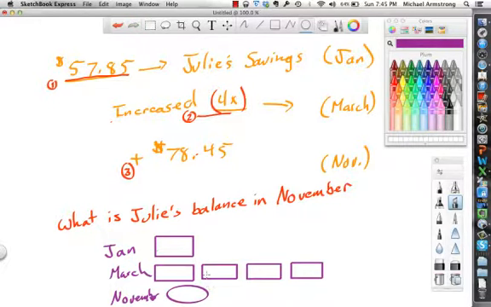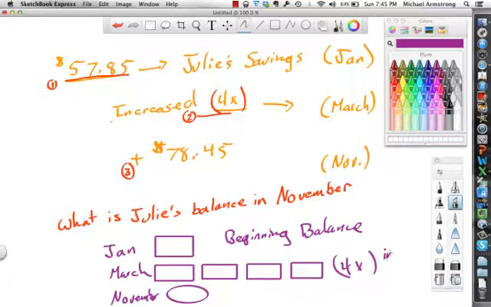Now I made it a circle because I want you to remember that this is her beginning balance. This is 4 times. This is what increases, 4 times increase. And then somehow between March and November she adds some more, and that's why I wrote a circle, because it's not a multiplication problem.